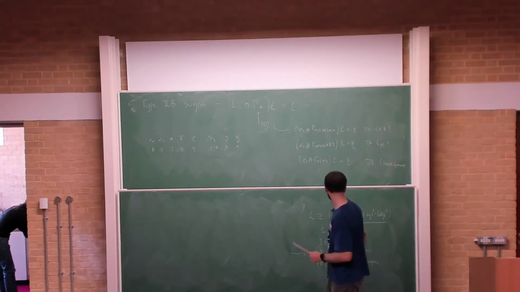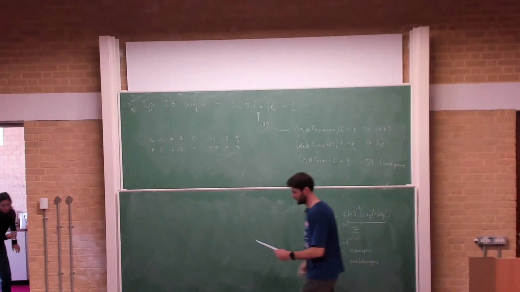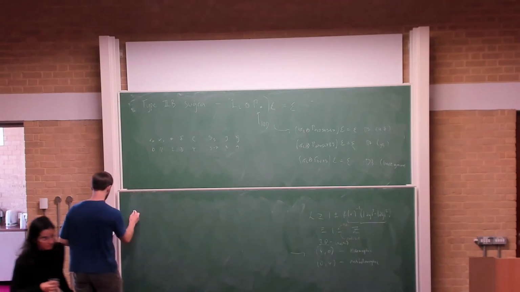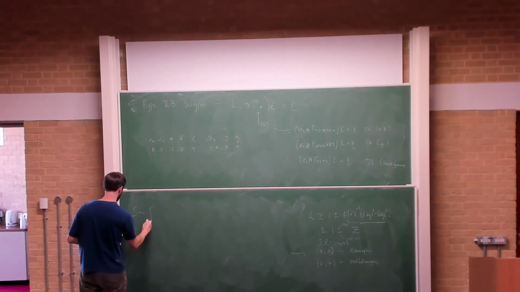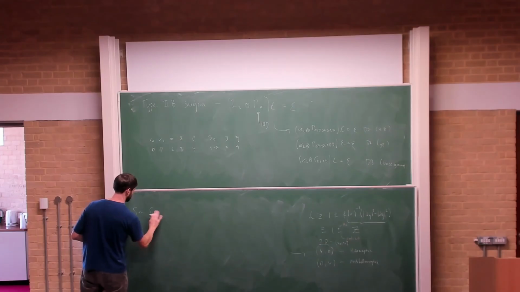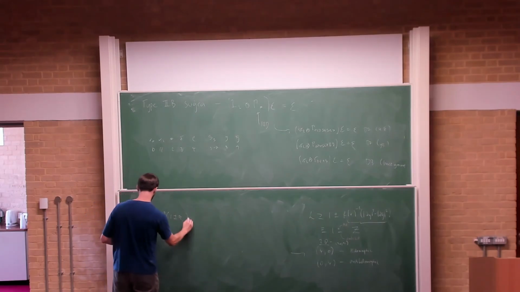So if we reintroduce measures to this Lagrangian, then we find that the action looks like this, which we can separate.